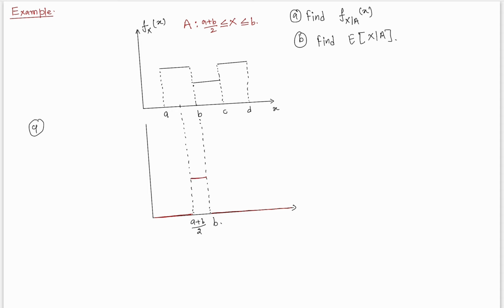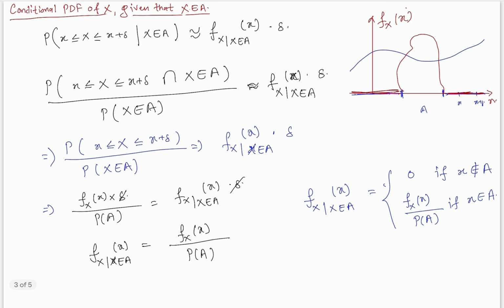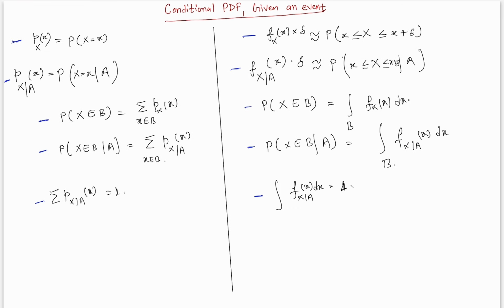What we are drawing is the revised PDF, so obviously it will not retain the same height; it will scale itself in such a way that the total conditional probability adds up to 1, because conditional probabilities are also legitimate probabilities.